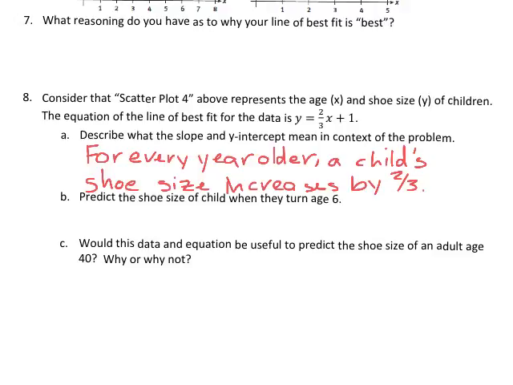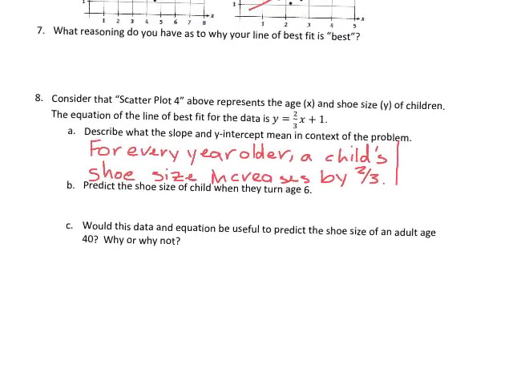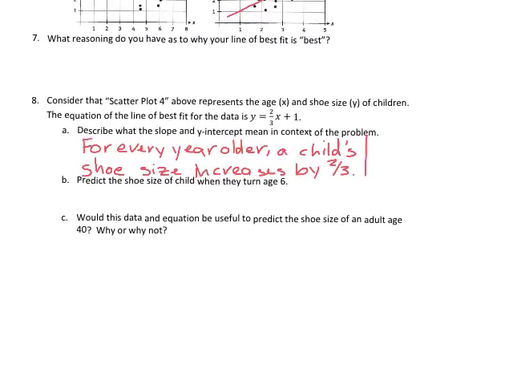How would I interpret the y-intercept? What are you born with? Feet! Congratulations. You're born with feet. So, on average, that would basically just mean that the beginning size of a child's foot at birth would be 1.